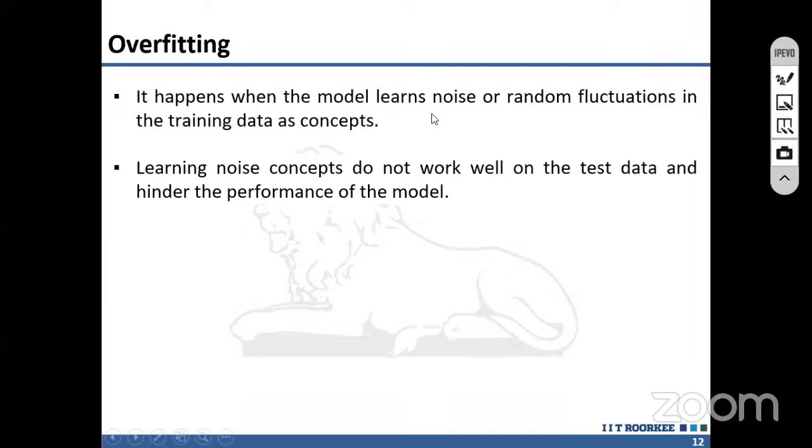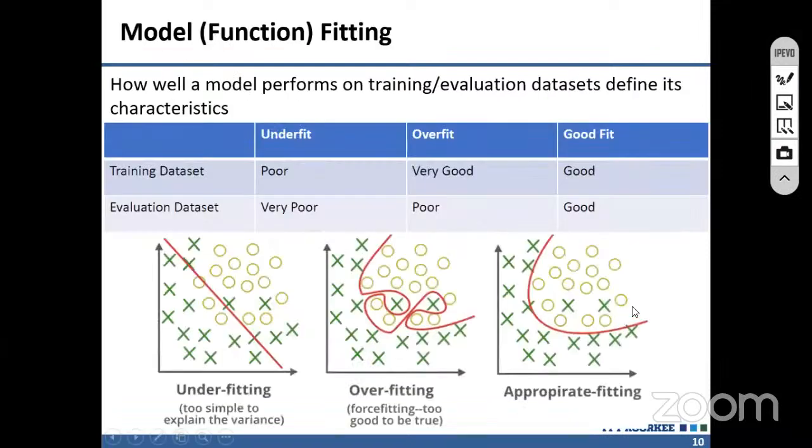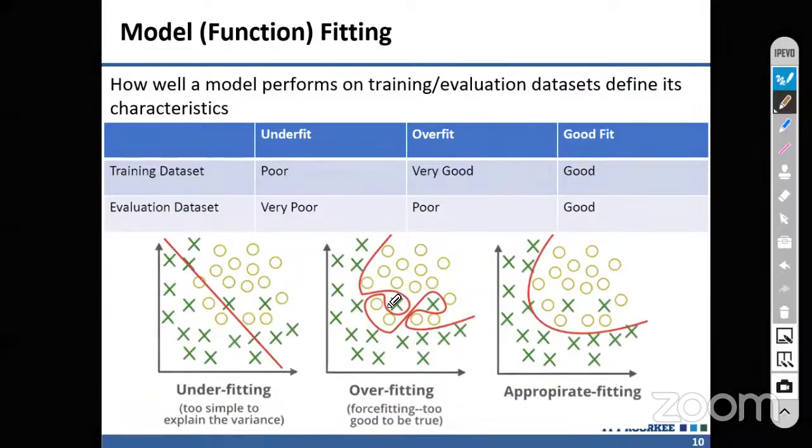Overfitting happens when the model learns noise or random fluctuations in the training data as concepts. Noise or random fluctuation means, as I was telling, that in this data, some of it could be considered noise.